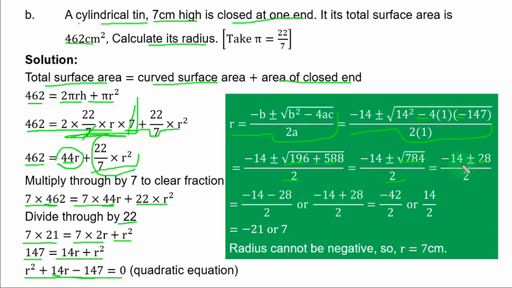Because of the plus or minus, you write that expression twice. That is minus 14 minus 28 over 2, or minus 14 plus 28 over 2. That results to minus 42 over 2, or 14 over 2. And if you divide, you have minus 21 or 7. Radius cannot be negative, so r is equal to 7.